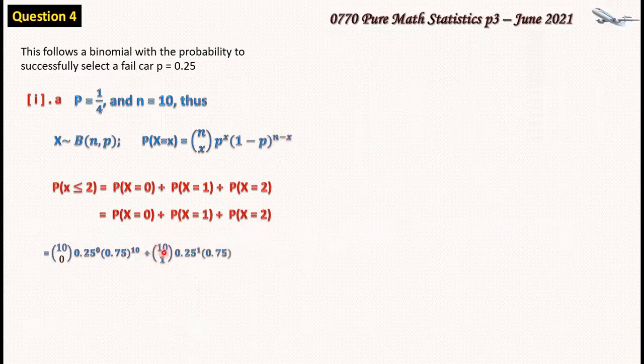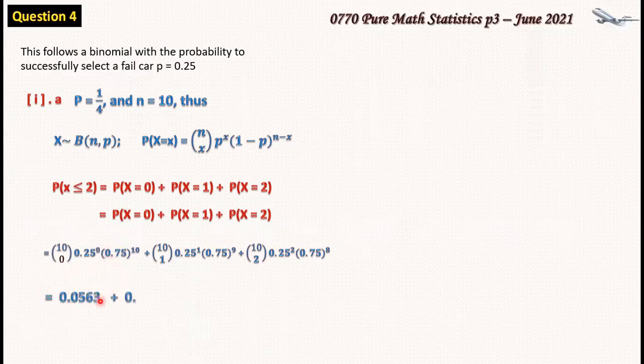Then for the second case, we have 10 combination 1 times 0.25 to the power 1 into 0.75 to the power 9, plus 10 combination 2 times 0.25 squared times 0.75 to the power 8. Note that the sum of these powers must always be equal to 10. So we have 2 plus 8 is 10, 1 plus 9 is 10, 0 plus 10 is 10. You can look at more on these binomials in other videos.